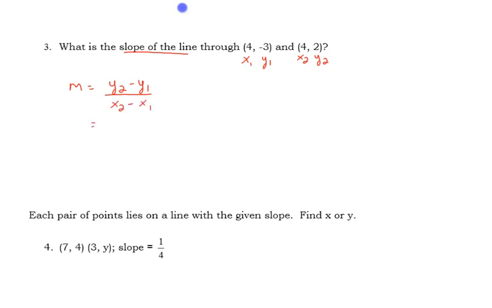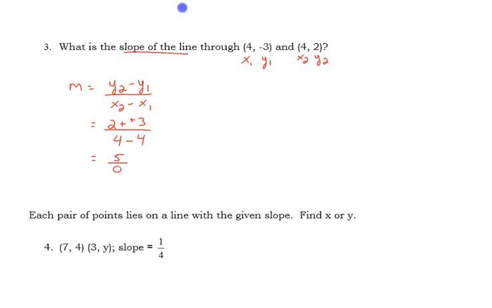Our second y is 2, our first y is negative 3, our second x is 4, and our first x is positive 4. Notice in the numerator we have minus and negative, so we're going to change that to a positive. So 2 plus 3 is 5, and in your denominator, 4 minus 4 is 0.